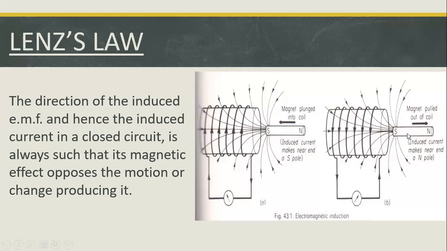When the south pole is moving away from the solenoid, a north seeking pole appears, and the direction of this induced current is anti-clockwise. So the needle of the galvanometer deflects towards the right.